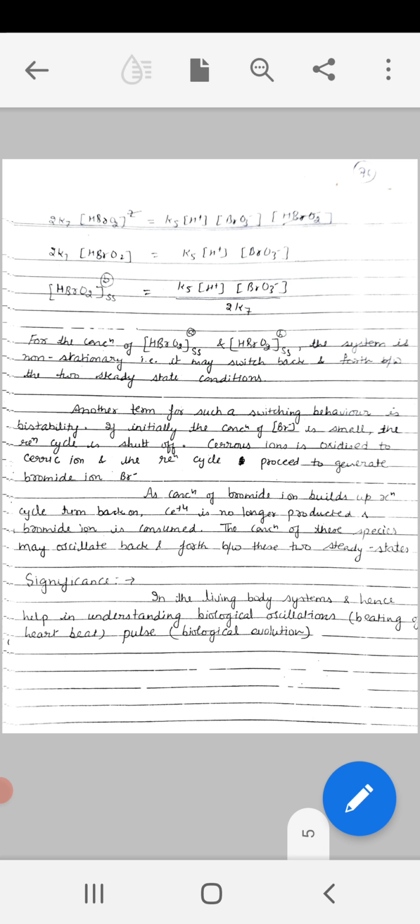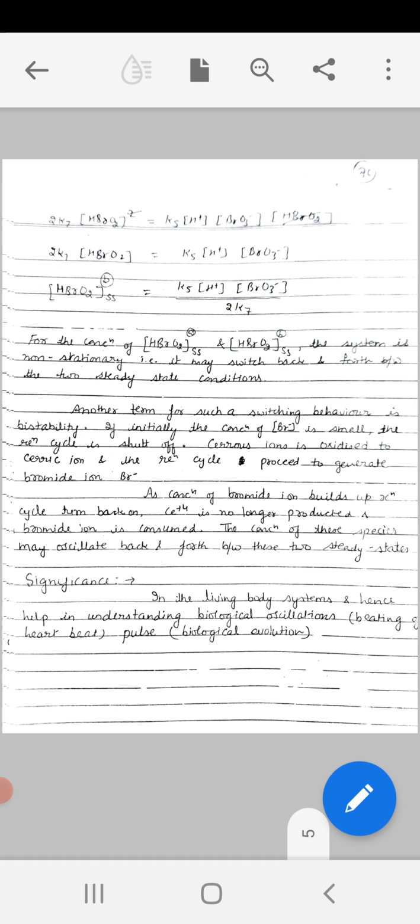Now 2K7 into HBrO2 whole square is equal to K5 into H ion into BrO3 into HBrO2. One HBrO2 got cancelled from HBrO2. Now 2K7 into HBrO2 is equal to K5 into H into BrO3. Now HBrO2 concentration is equal to K5 into H ion concentration into BrO3 concentration upon 2K7.